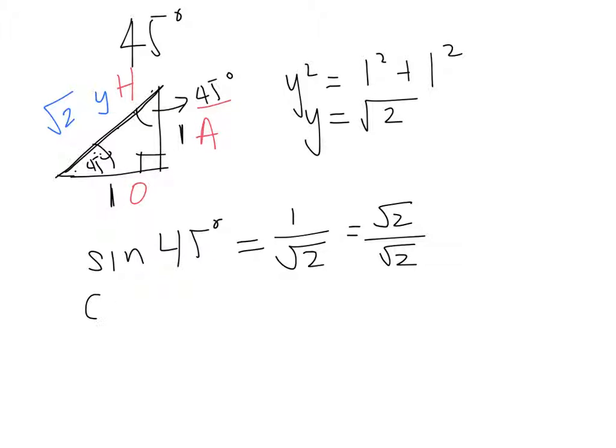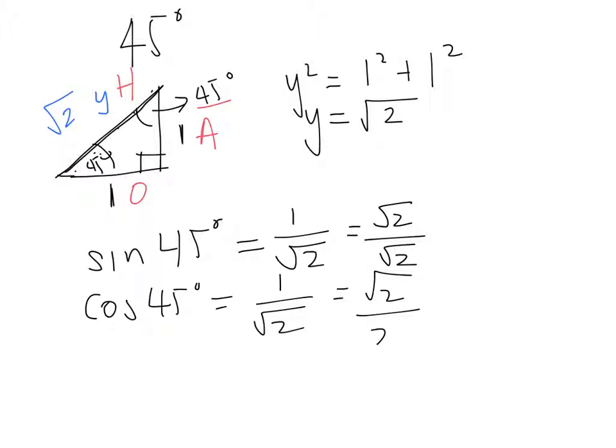I can say the same thing about cosine of 45, 1 on surd 2 if I'm looking at my triangle, which of course is surd 2 on 2. And tangent of 45, using the two given side lengths, which are 1 and 1, is 1 over 1, which is just 1. So I now have my exact values for 45 degrees.